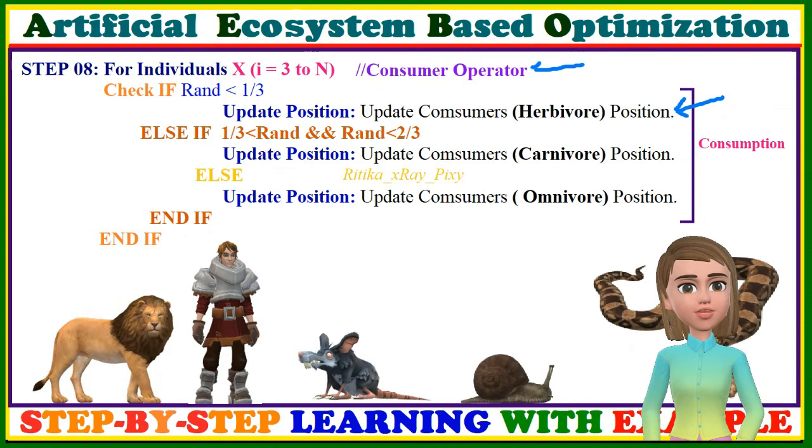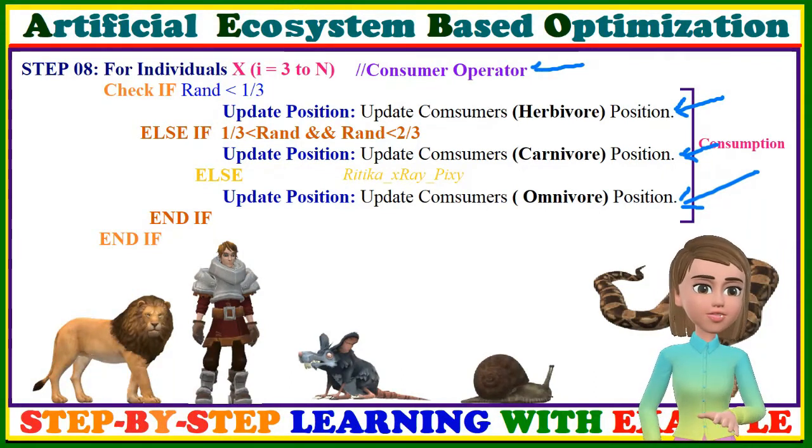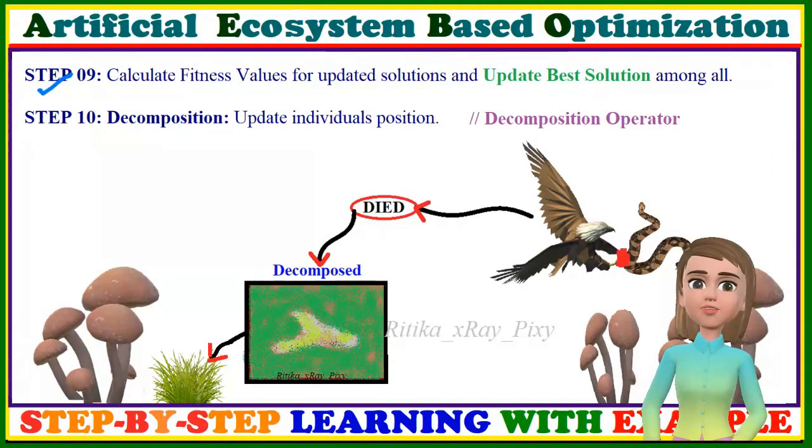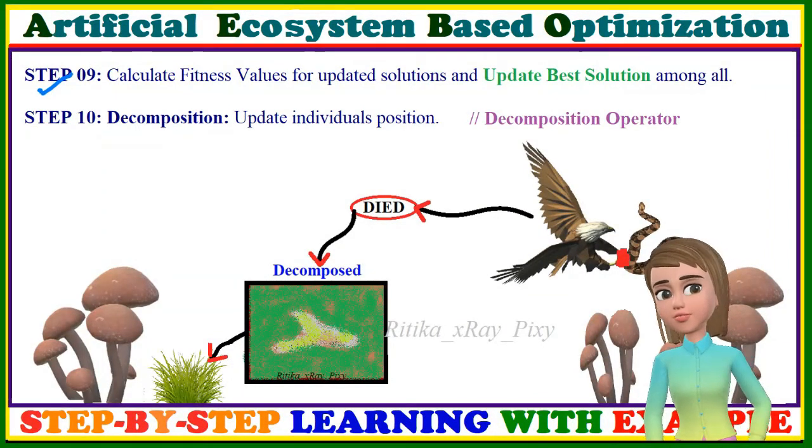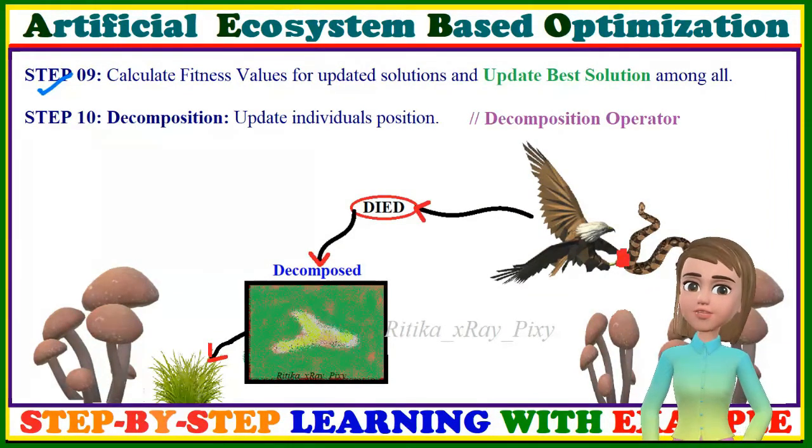If the consumer is carnivore, then we will update its position according to carnivore behavior. If the consumer is omnivore, then we will update its position according to omnivore behavior. And after that, at step 9, we will calculate the fitness value for all agents, and then we will update the best among all.